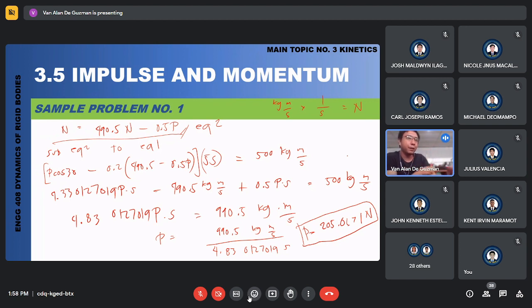So try to solve the problem. Anyway, the deadline is Monday. Tomorrow we have a meeting, so if you are confused, you can discuss it tomorrow. Tomorrow's lesson will be angular impulse and momentum, where the object is not traversing a linear path but moves along a fixed axis, or we have a pivot point.